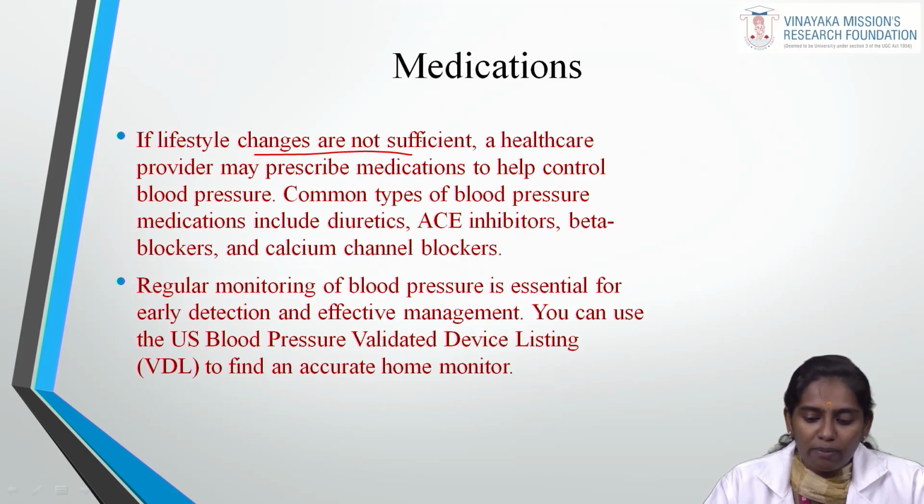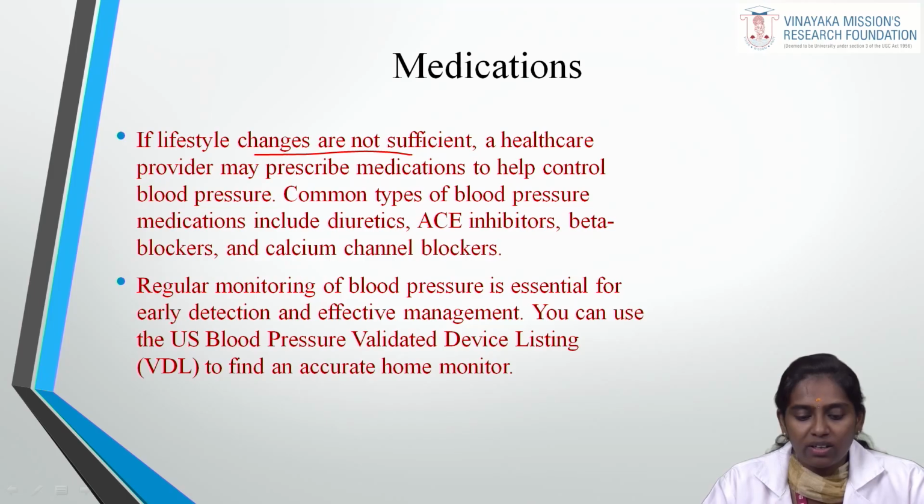Regular monitoring of blood pressure is essential for early detection and effective management. You can use the US blood pressure validated device listing, VDL, to find an accurate home monitor. You can use a home monitor machine with an automatically inflating cuff. By that also you can measure the BP on your own.